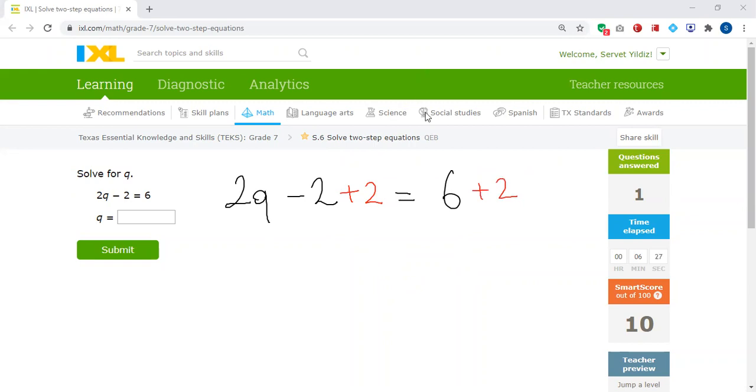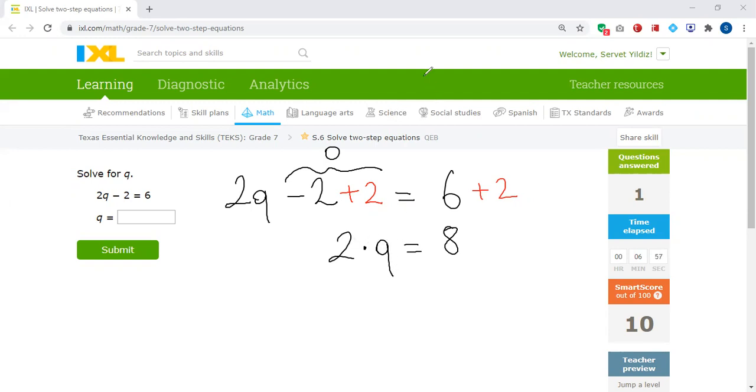Okay, so now negative 2 plus 2 is going to be 0. So on the left side, I'm going to have only 2q, which means 2 times q. 6 plus 2 is equal to 8. And just like in the previous example, we are dividing both sides by 2 to get the value of q.